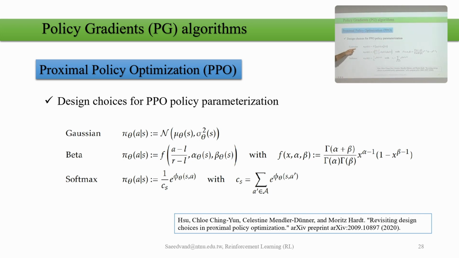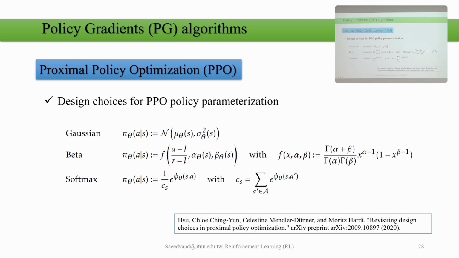The PPO parameterization can also be based on the beta distribution. You remember the beta distribution? You implemented it and did the examples. So PPO can also be implemented with the beta distribution that we've already solved. It can be done with a softmax as the output of the network, as I stated many times. These represent the output distribution of the actions that can happen.